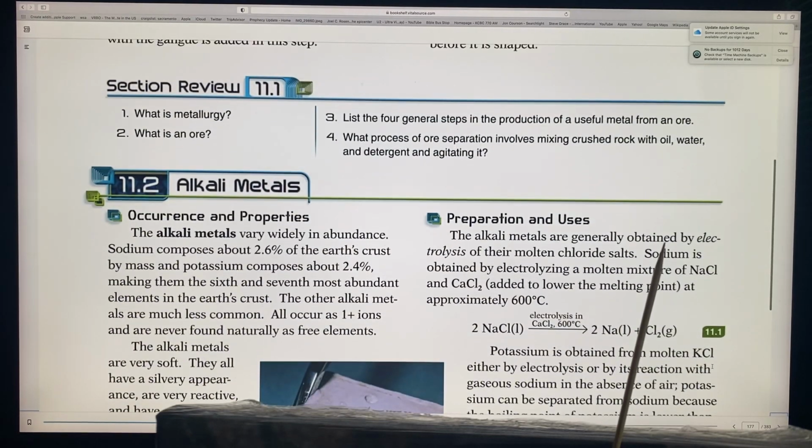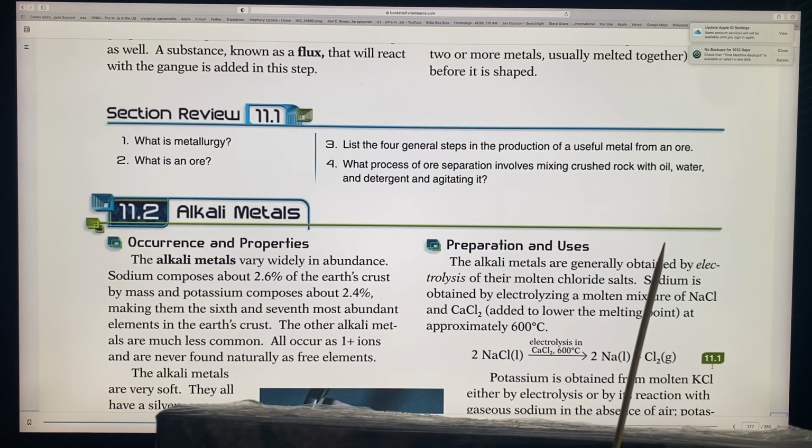Real quick. What is metallurgy? Metallurgy basically is extracting the metal from the ore source, right? Pretty easy. What is an ore? It's a naturally occurring material containing enough metal that we could make an extraction and it'd be profitable. So ore is actually where the metal is hiding.